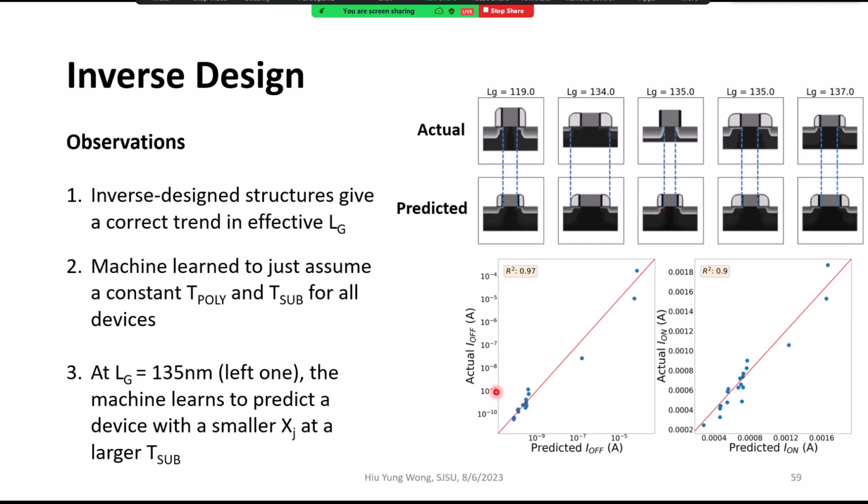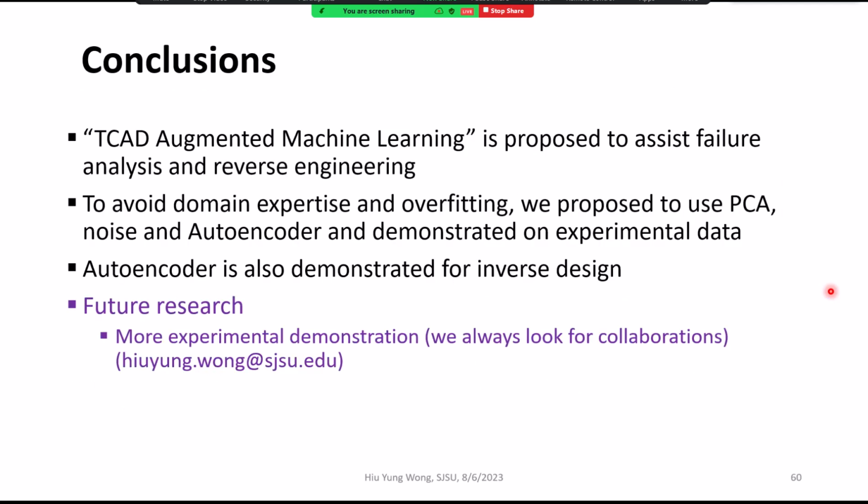And more importantly, the actual I off is the requested I off, the I off we want, and the predicted I off is the I off generated by the structure you predicted. They correlate very well. So in summary, it works well.